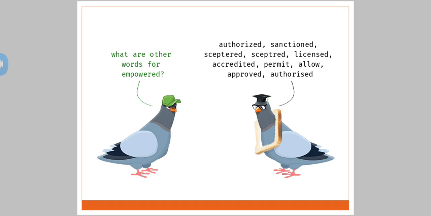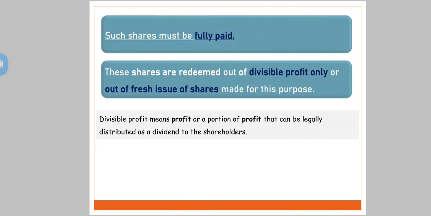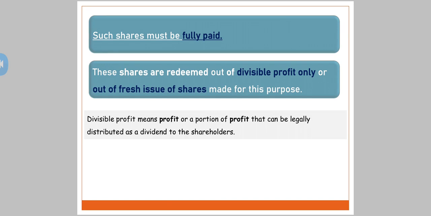The other words for authorizes: empowered, approved, sanctioned, licensed, permitted, has the allowance to do so. Now these shares must be fully paid up.